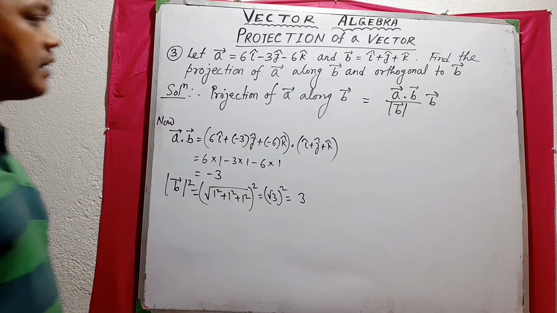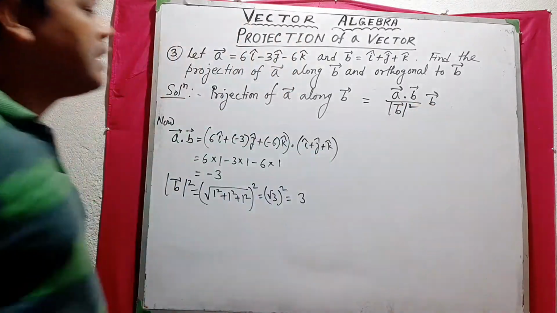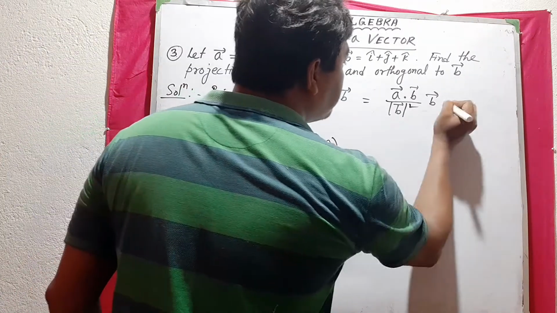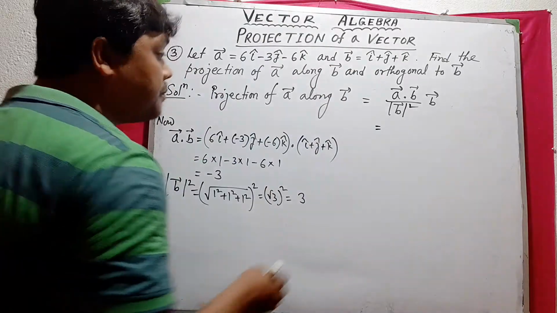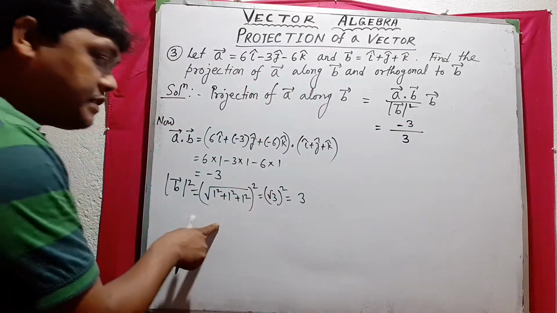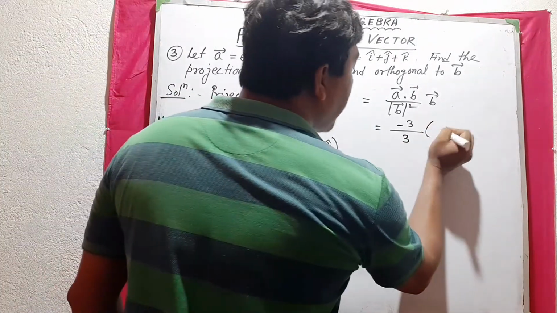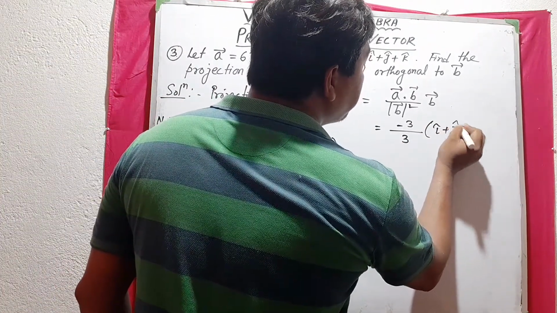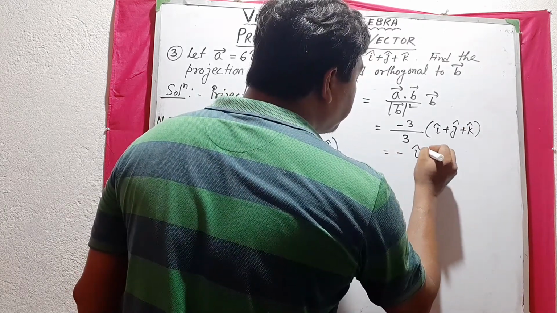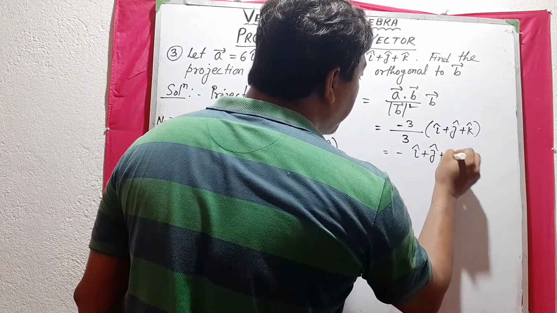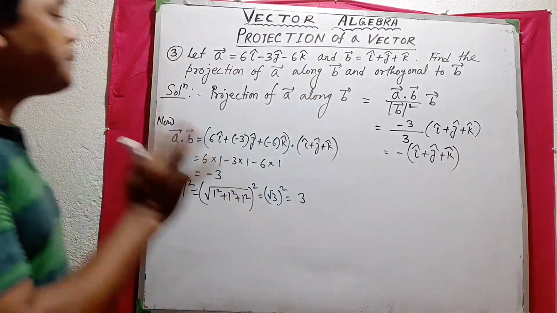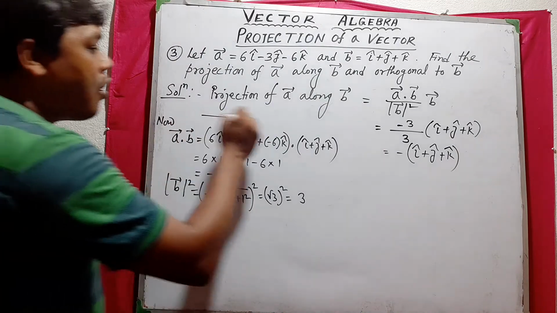So mod of b square is 3, and projection of a on b: a dot b equals to minus 3, and that is also 3 mod of b square, and b vector that is i cap plus j cap plus k cap. So we will get minus i cap plus j cap plus k cap, বা মাইনাসটাকে আমরা মাল্টিপ্লাই করে দিতে পারি। That is the projection of a on b.